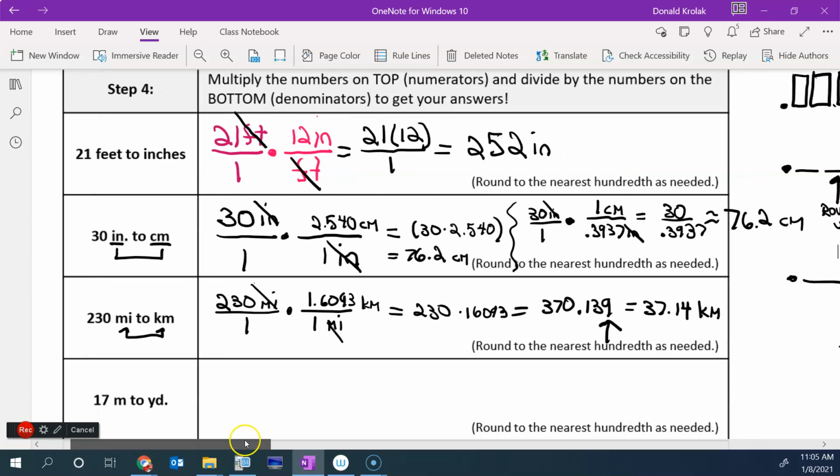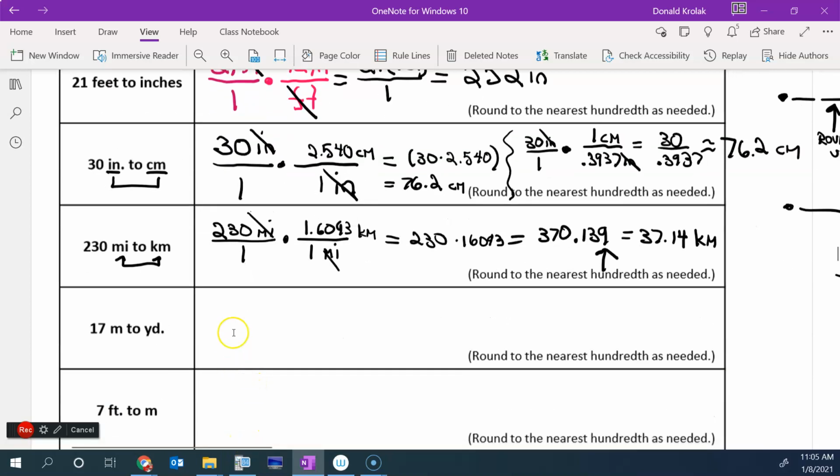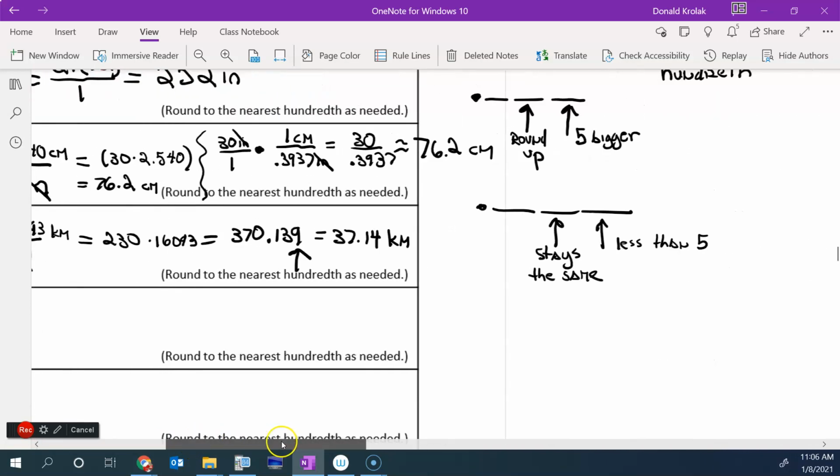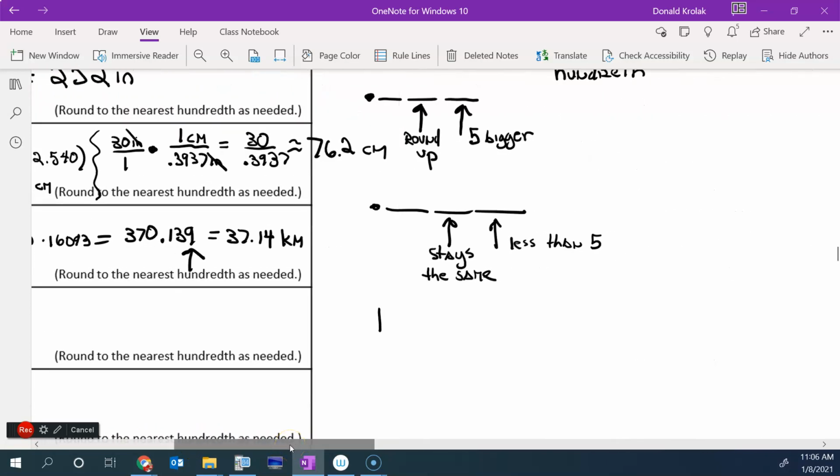So now you could figure out, like if you ran a 10K, races are all done in metric: 800 meter, 1600 meter race, 3200 meter race, 10K, 5K. If you convert those into miles, what's a 10K close to? If you're going to run a 10K, that's 10 kilometers.